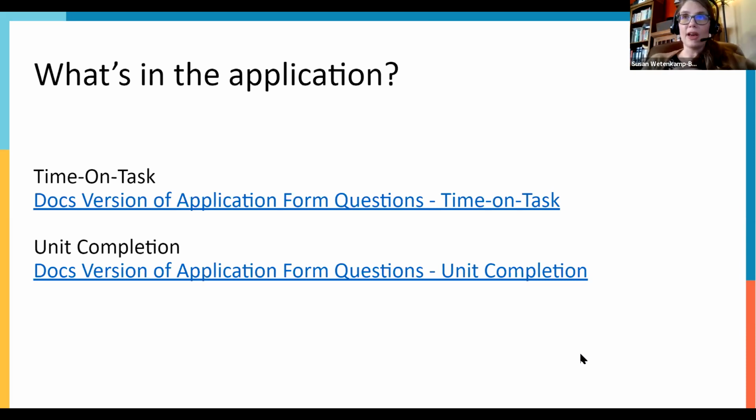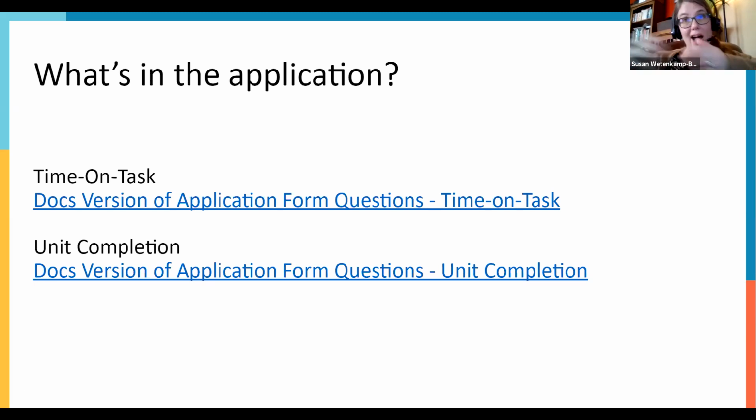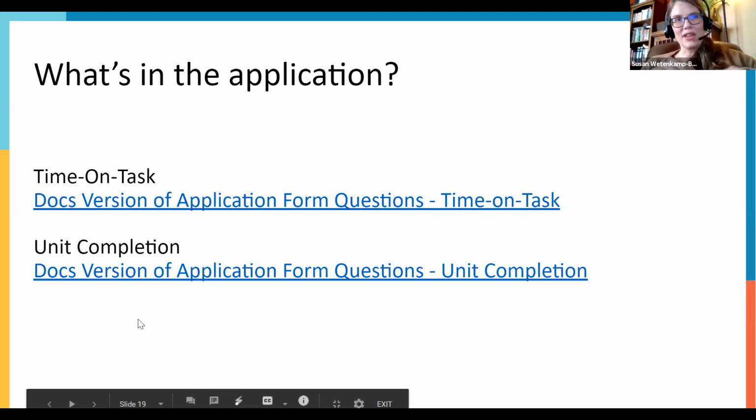We'll compare it to other courses that are similar. We'll compare it to approved distance learning platforms, and we'll come up with a solid recommendation for how many proxy hours should be awarded for a completed unit. So the two applications are slightly different because one will ask you what report you pull for time on task, and the other one will ask you how you figured out how many proxy hours to award per unit. So that's why there's two forms, but otherwise they're 90% the same.